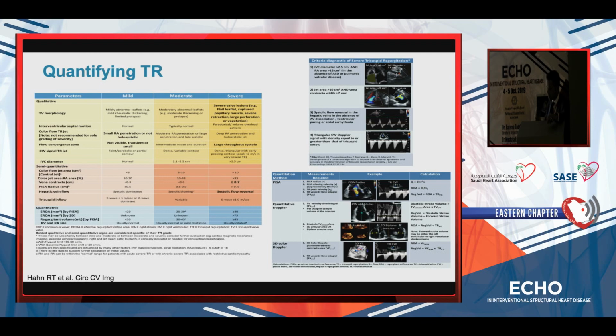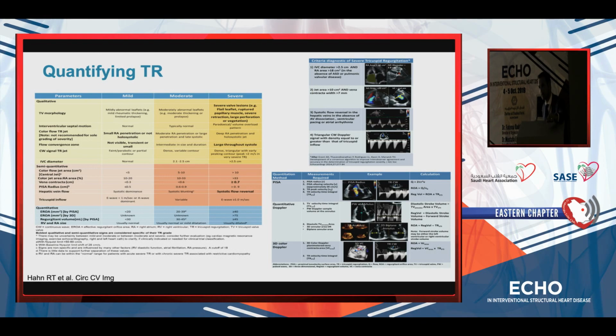And then finally, moving on, before I'm over time already, quantifying the tricuspid regurgitation is definitely a difficult issue. We already have difficulties on the mitral side. There have been extended schemes, nicely made again by Becky Hahn, helping us to quantify the tricuspid regurgitation.